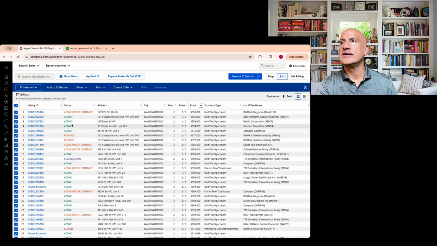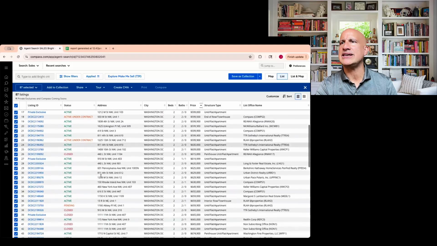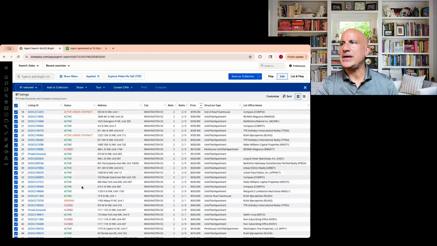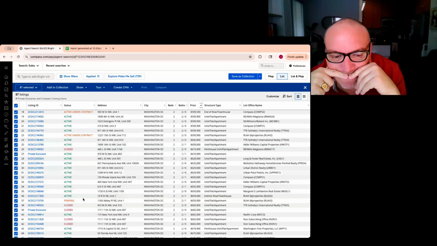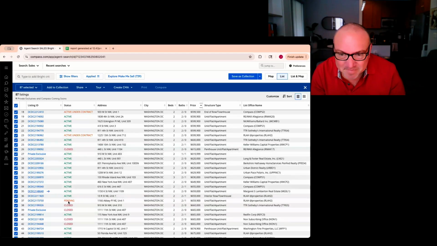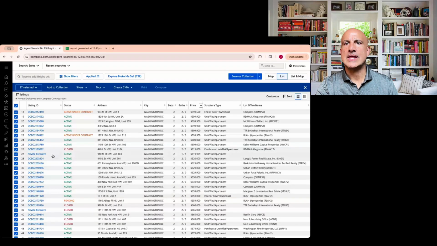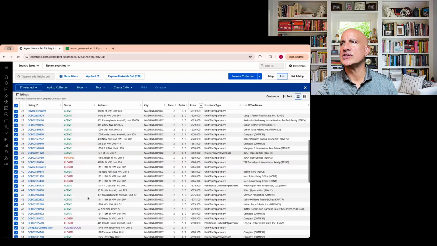It looks like there's a chunk here under, let's say, 590. There's a little chunk here under 590. You see a big gap here between 620 and 660 that are still active. Nothing has sold in this range.